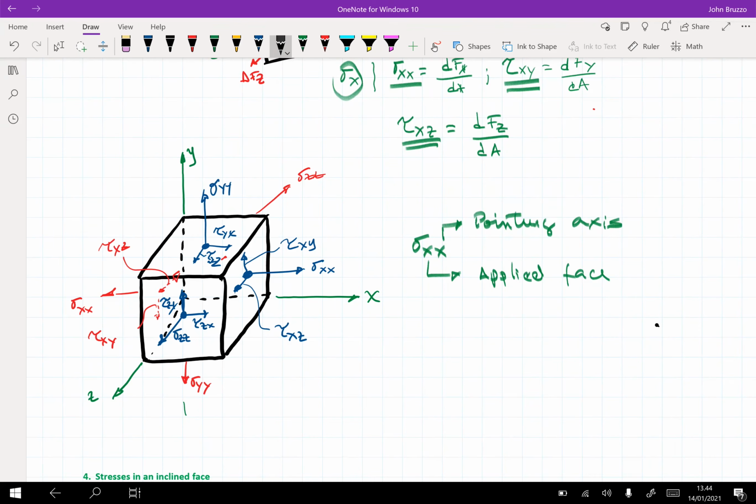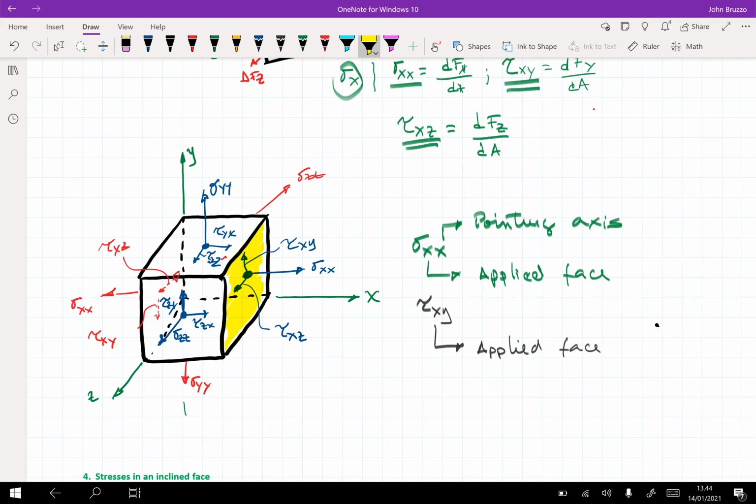Let's take, for example, tau xy. The first subindex is going to be the applied phase. This is called the X phase, the X positive phase, because it's where the normal stress in X is coming out from.